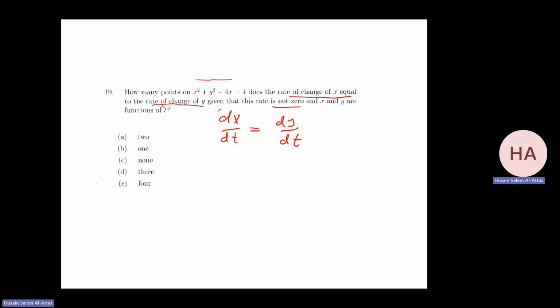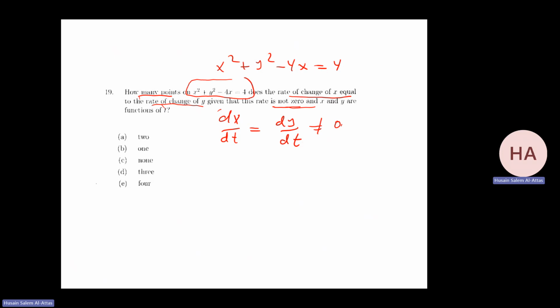And they have this relation, which is x squared plus y squared minus 4x is equal to a constant. What he wants is how many points satisfy these two things. And note this quantity is not equal to 0. He said this rate is not 0.